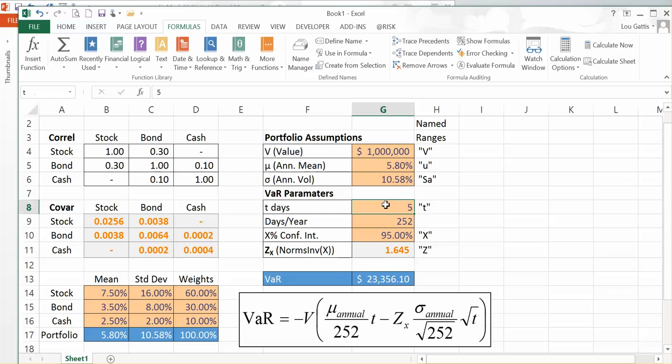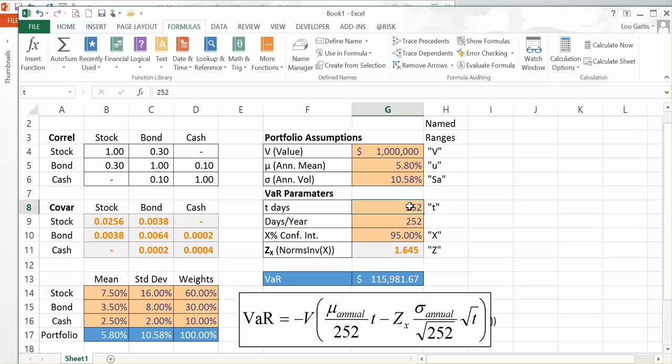If I want to say a 1-day VaR, say 99% confidence interval, I could say that I'm confident that losses will not exceed 15,270 in 1 day with a 99% confidence interval. If I wanted, say, a 95% 1-year VaR, I can switch that to 252 again, which is roughly the number of trading days in an equity market.